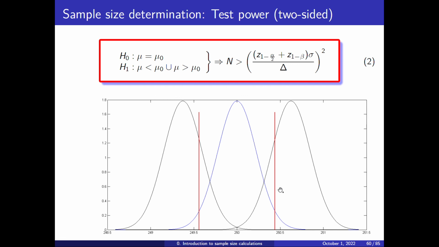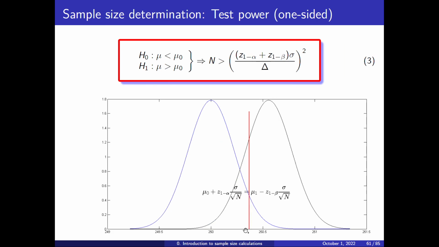If you have a power of 80%, then this area is 20%, this area is also 20%, so you don't have to divide by 2. And if it is a one-sided test, then this is the situation. This area now is 5%, but still you have this 20% here.